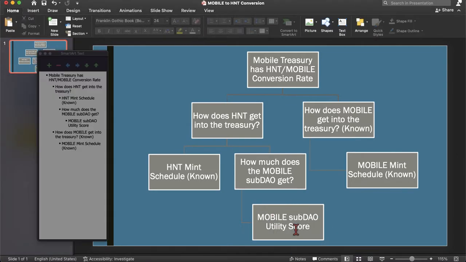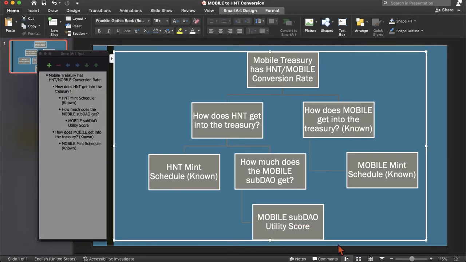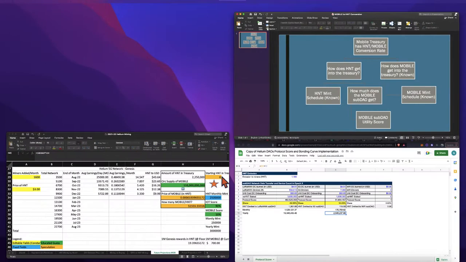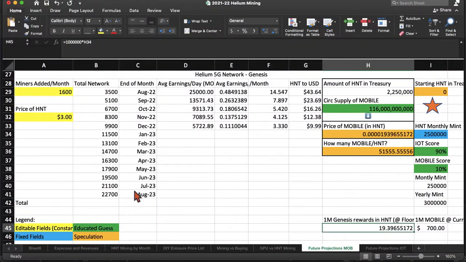Once we figured out reasonable estimates for this mobile sub-DAO utility score, let's give mobile the benefit of the doubt and say, okay, let's say it's going to be between 0 and 10 all year. How much HNT does that get the mobile sub-DAO? Okay, great. Now we've kind of penciled that in. So let's go to the sheet.